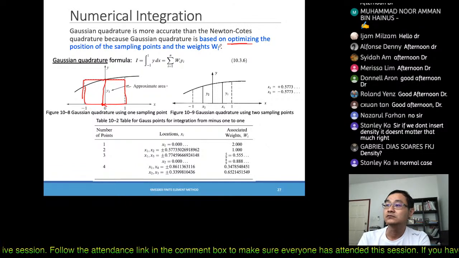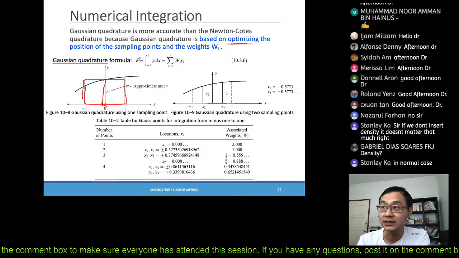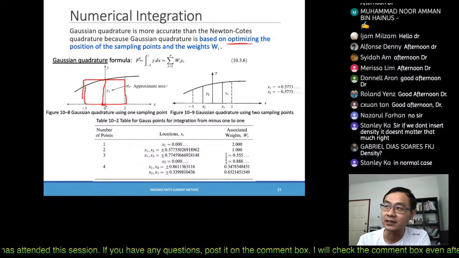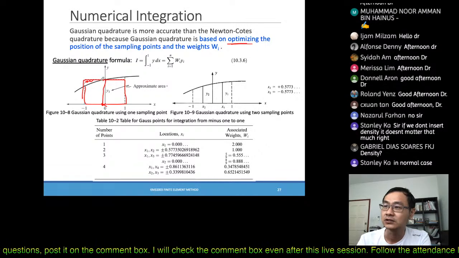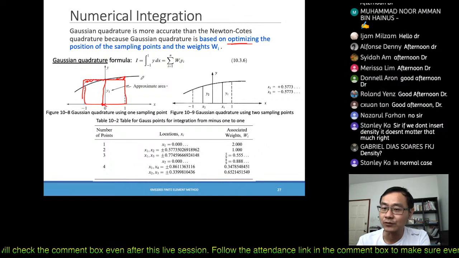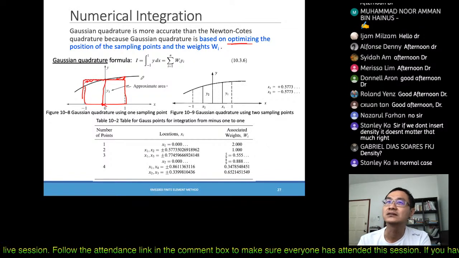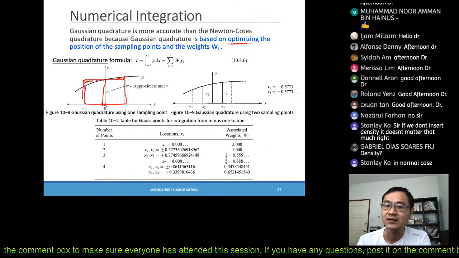Therefore we can obtain the integrations numerically. But you can see that in all these numerical integration techniques, there is error. You can see there is error here. So it's up to you to define, or your computer capability to handle all these things.